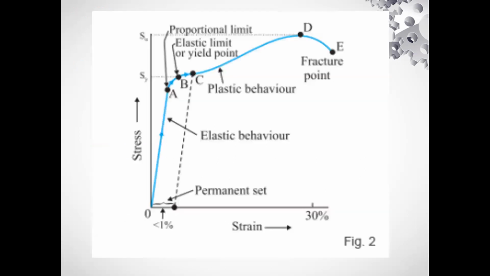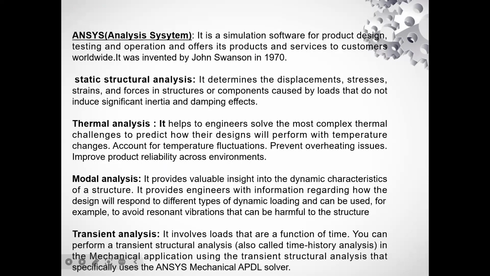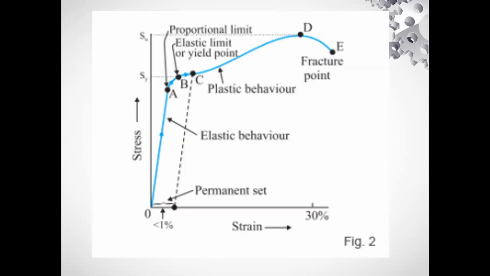A number of properties are there, but we are focusing only on the mechanical properties. When we have more knowledge of mechanical properties, it is very helpful for the projects we do at BTech level or in MTech or PG levels.